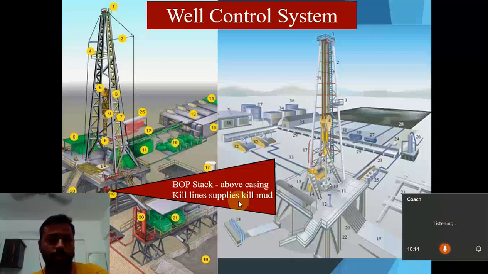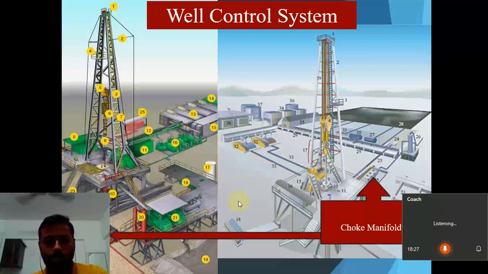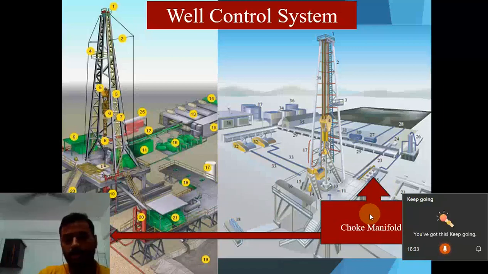And you have a choke line, from where it goes to the choke manifold to control the gas and fluid and pass it slowly so there isn't much damage. Here is the choke manifold. The choke manifold is a complex system of pipes and valves that can withstand high pressure.